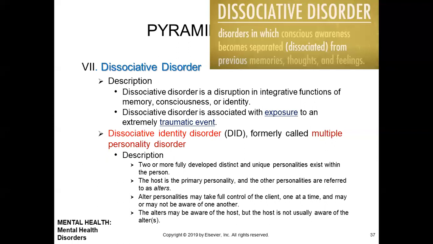So if you ask me, what are the underlying causes or risk factors to develop dissociative disorder? When we take the history from the patient, the patient will give you a history of child abuse or long-term exposure to extreme stress, and the patient is usually aware of the dissociation or separation.